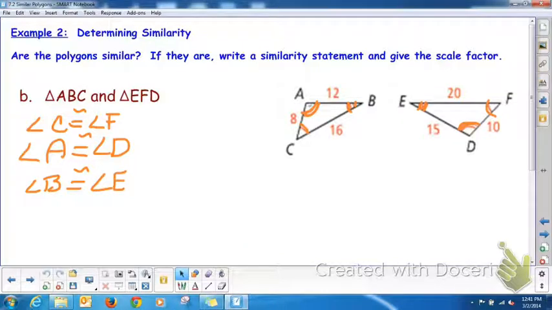I went 1 arc, 2 arcs, 3 arcs just to stay organized. So I want to say, is CA over FD equal to AB over DE?